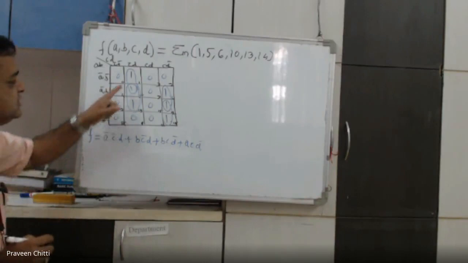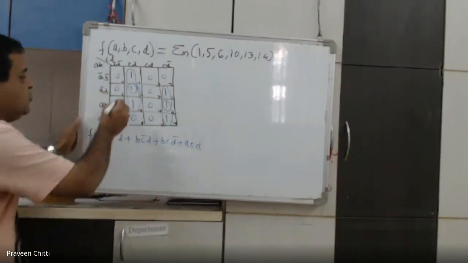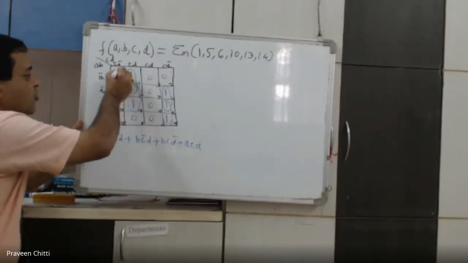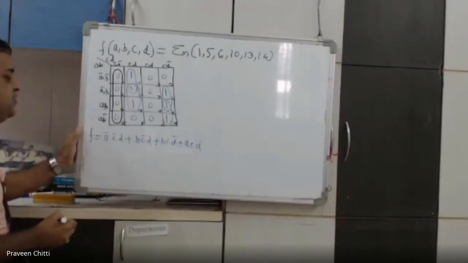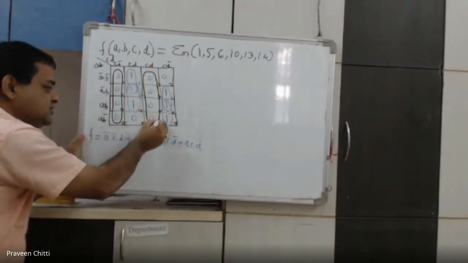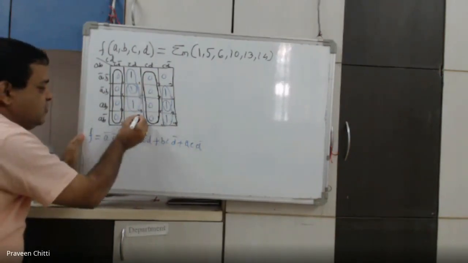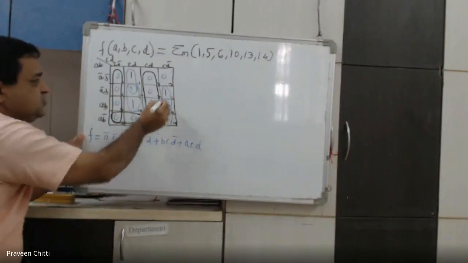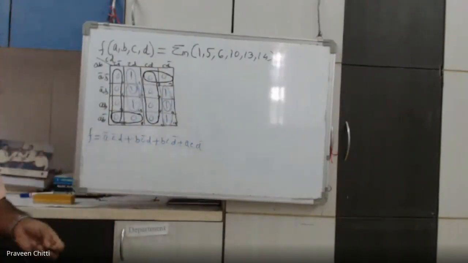Here I have formed the groups of ones. We will form groups of zeros now. You form one group of zeros here. There is another group of zeros. Then maybe here you can form one pair of these two zeros, another pair of these two zeros.